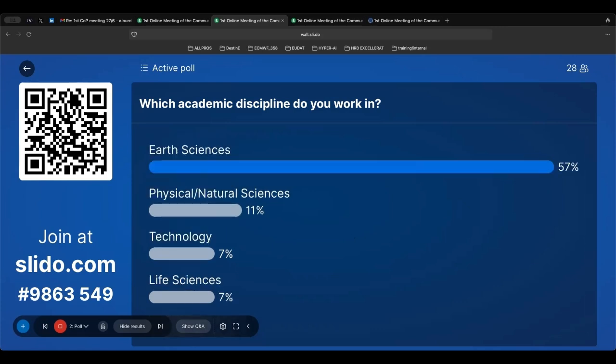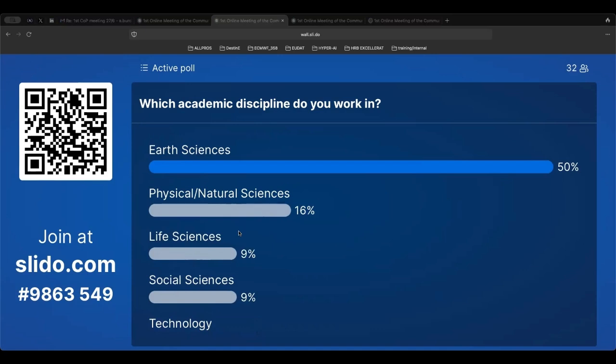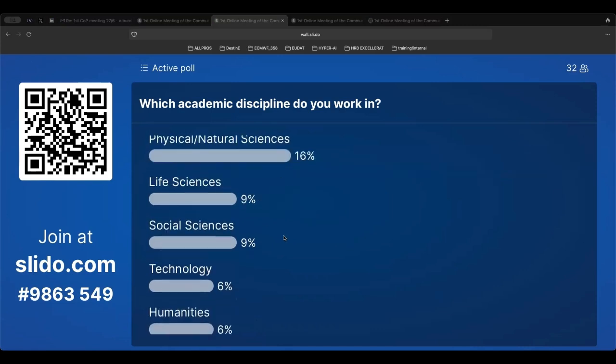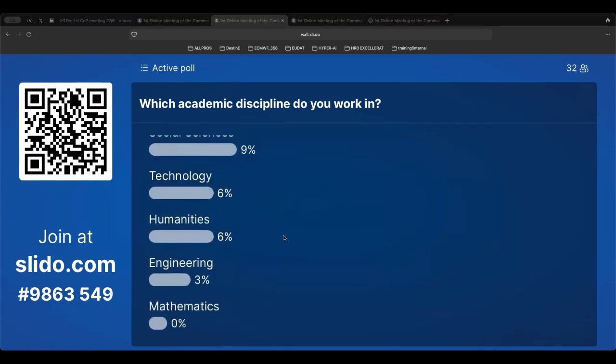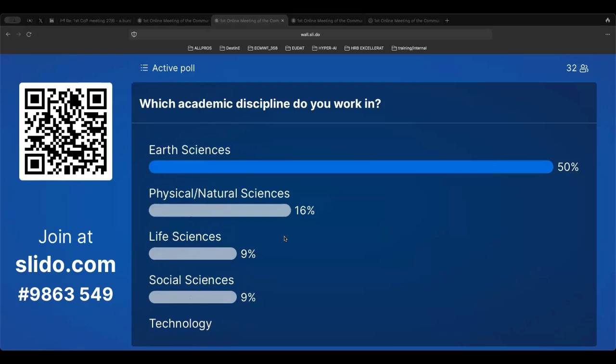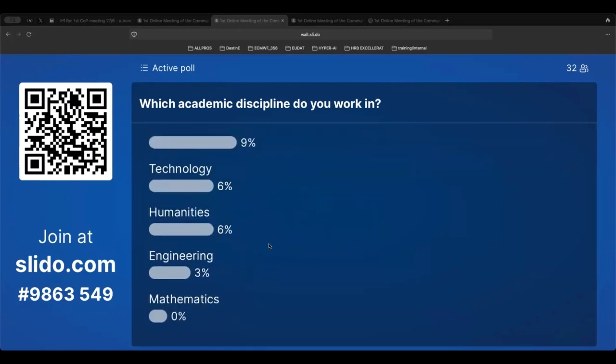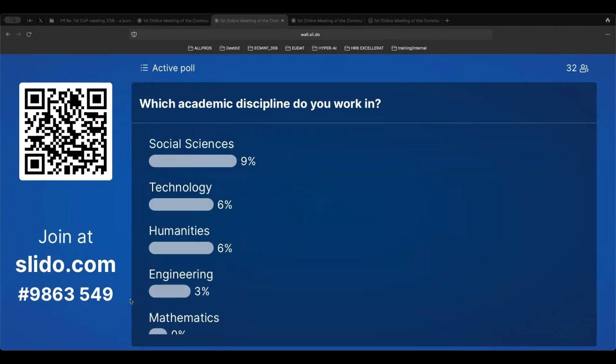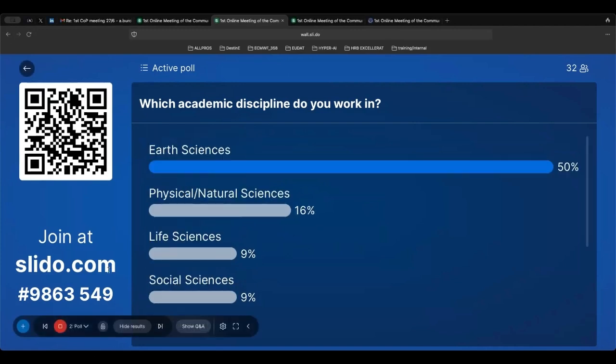So we appreciate the participation from disciplines that are not so common in this kind of activity, but there is definitely a lot of room to exploit it. It's really nice to see that we have some participation from disciplines other than earth sciences and natural sciences as well. Okay, no mathematics. We can go on to the third question then.